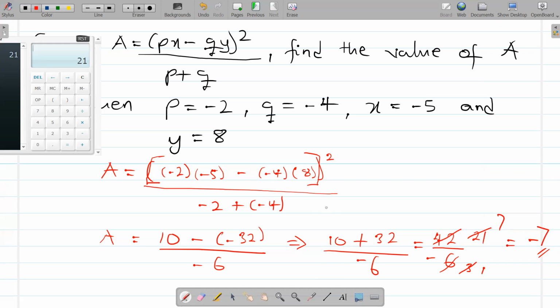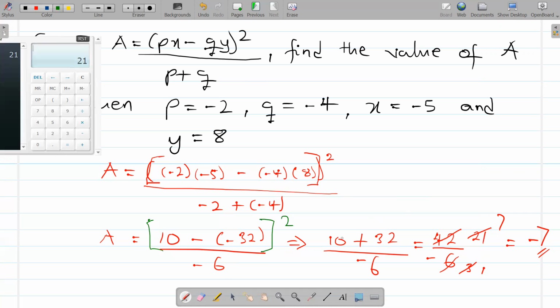Sorry, you see, I've also made a mistake. We forgot to apply the square. My bad. Teachers also make mistakes. Don't worry. So what we forgot to do was to add the exponent.